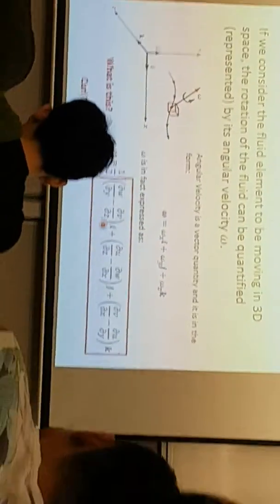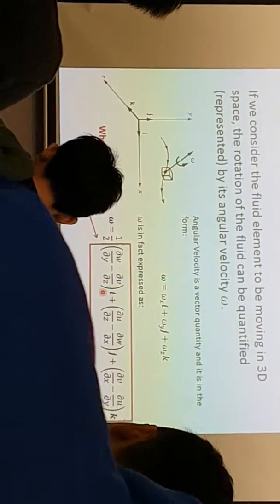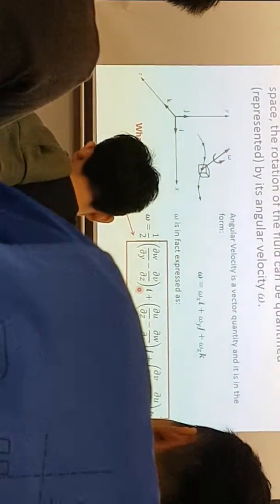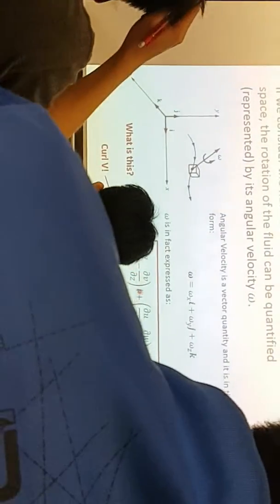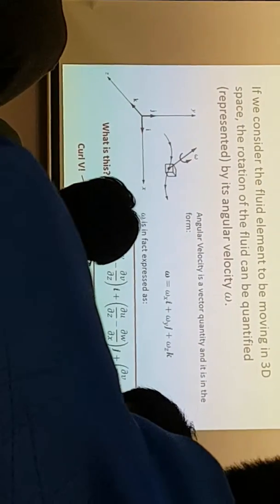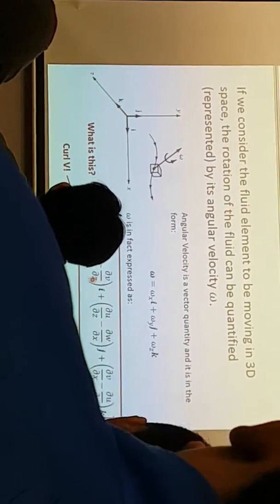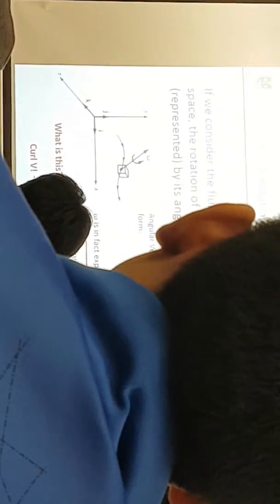We always think that gradient is with respect to time, but actually it can also be with respect to space. Remember in the Lagrangian that we talked about, a flow field can be with respect to space and time. So this tells me my u velocity can change with respect to z and y. My v velocity can change with respect to z and also x. So these are all known as velocity gradients.